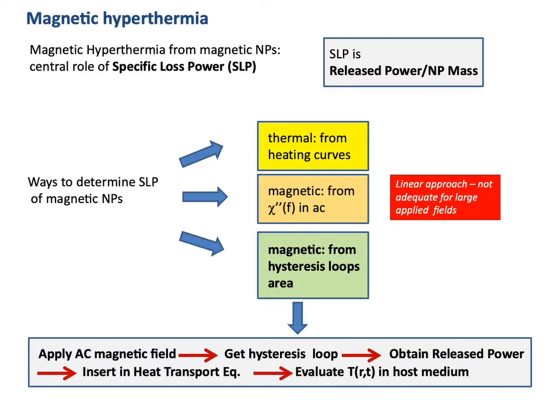So our program is to apply an AC magnetic field, record the hysteresis loop to obtain the release power, then insert the release power in a heat transport equation, and finally evaluate the behavior of temperature as a function of position and time in a host medium, which usually is blood.